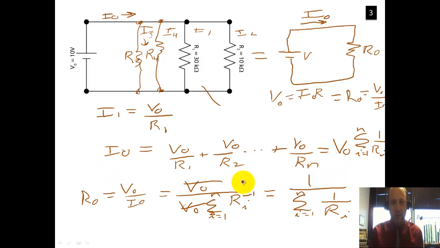You might end up having a circuit that has resistors in series, and maybe some in parallel too.